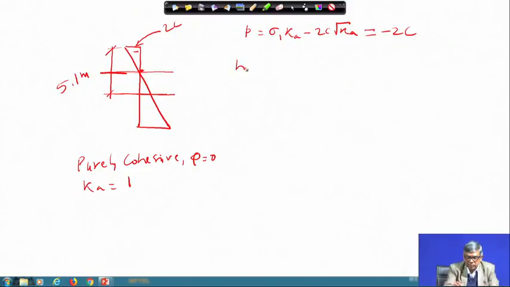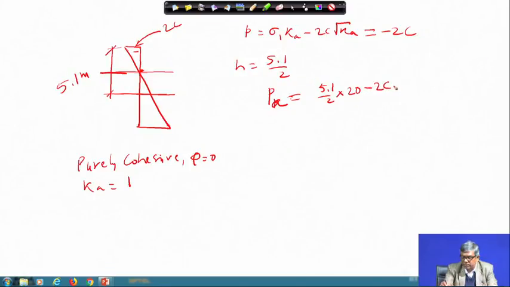So, at H equal to 5.1 by 2, your P A will be equal to 5.1 by 2 into gamma, which is 20, minus 2 C root K A, means 2 C, and we know that at this depth failure occurred.